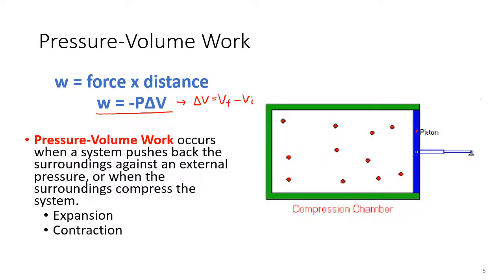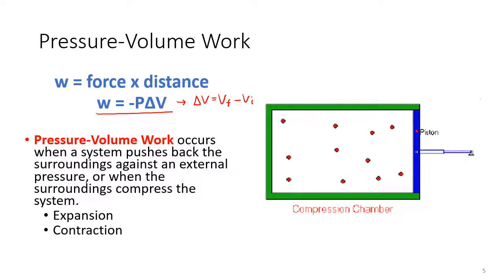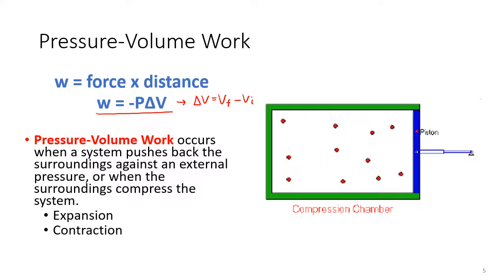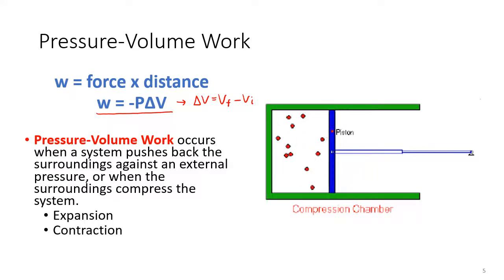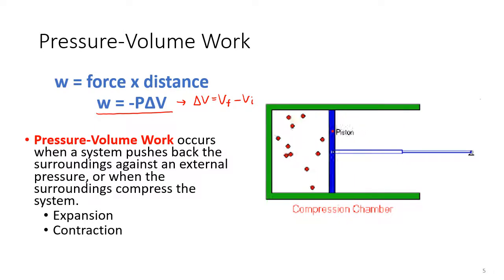If we imagine we have a reaction that has gases in it, and we have an imaginary piston pushing down on those gases, when we're going from reactants to products, notice that the piston is compressing the gases. That would be an example of forming fewer gases as a product than we had as a reactant.